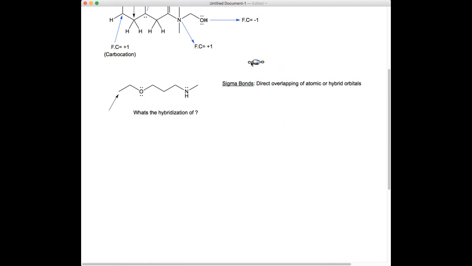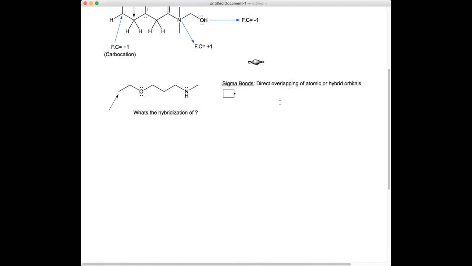So there is electron density across the axis of both atoms. That's the definition of a sigma bond: direct overlapping. Both orbitals are in touch, and the electrons are in between the two nuclei of both atoms.